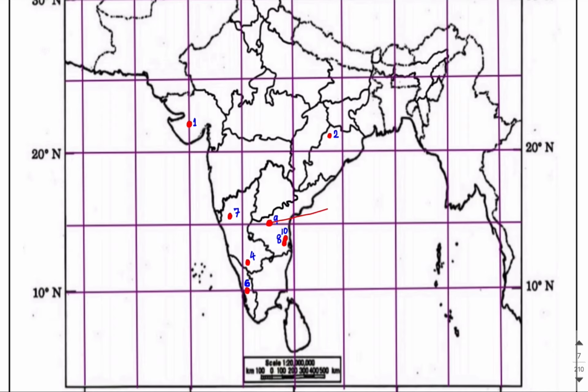Now if you have to identify it, it is Kurnool, which is present in Andhra Pradesh. You can see by itself that it is present in Andhra Pradesh. Some of the important information which you really need to mention here is that it belongs to the Upper Paleolithic site, and the tools which are found here are made of animal bones.